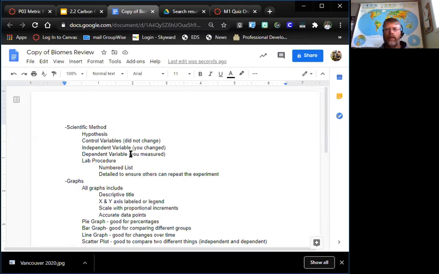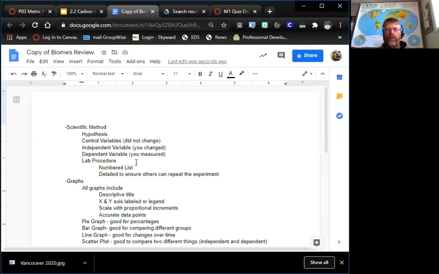You need to be able to identify what was changed, that is the independent variable, and what was measured, that is your dependent variable. And hopefully things like how much sunlight it got, how much soil it started with, all of those things would not change, and those would be your controls.